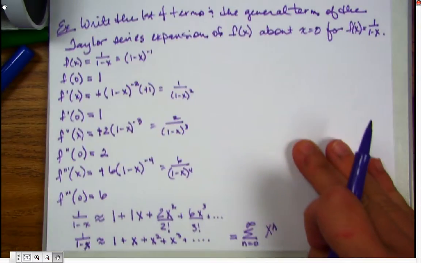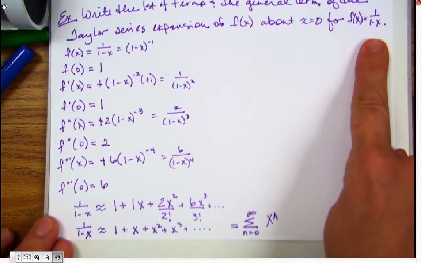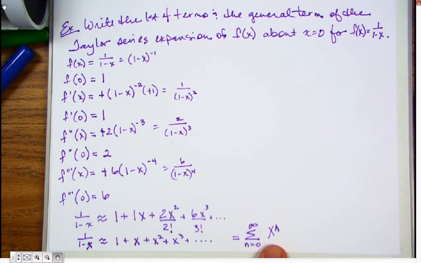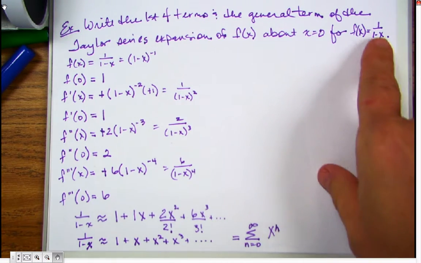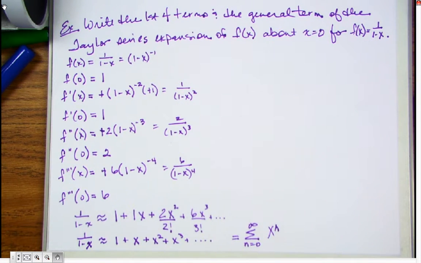Okay, so I want you to go back and study this a little bit. Look at this function and look at that. I want you to tell me what kind of series that is, looking at the original function and at its general term.